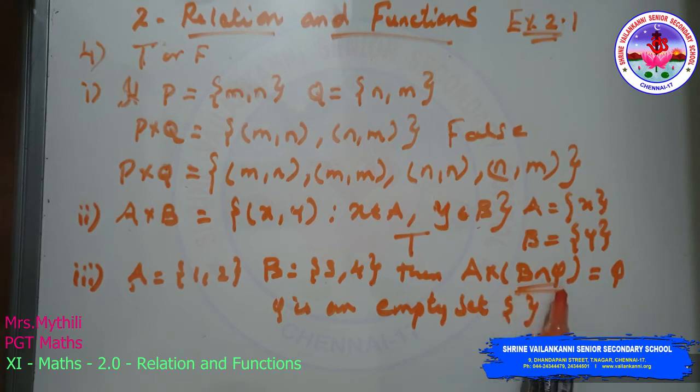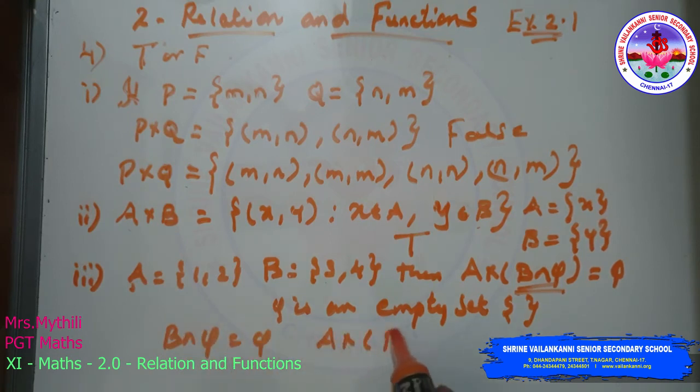So B intersection phi, the common elements between B and the empty set, which is phi. So B intersection phi is phi. Then A cross (B intersection phi): A is {1, 2} and B intersection phi is phi, so the product is phi, which is true.